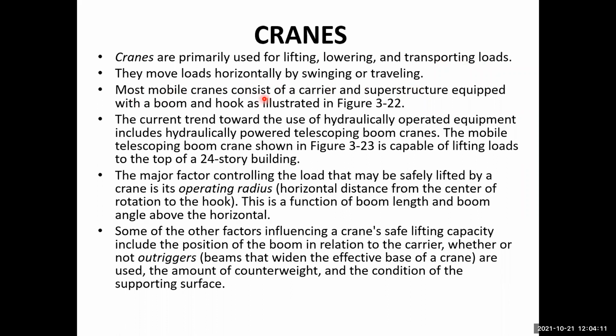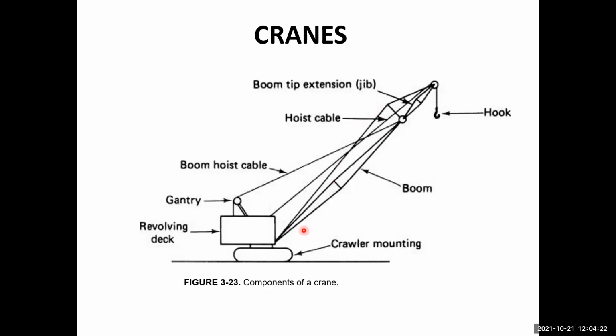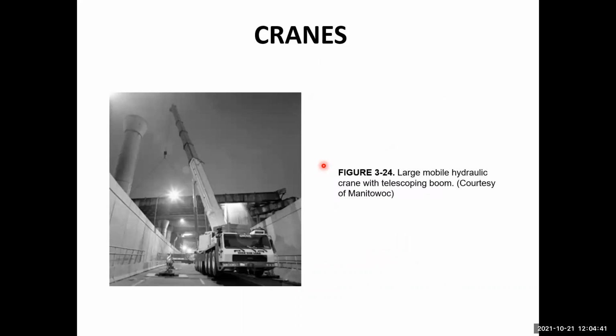Most mobile cranes consist of a carrier and a superstructure equipped with a boom and hook as illustrated in figure 3-22. So in this case, there is this carrier, there is this superstructure, there is this boom. So, and a number of cables are here with which the crane is consisting of.